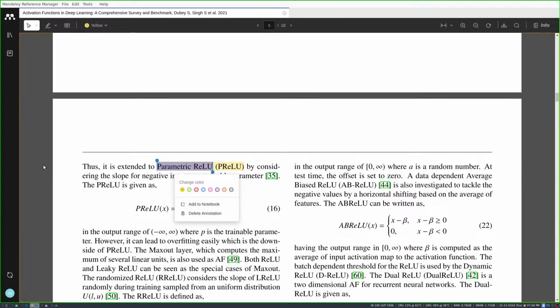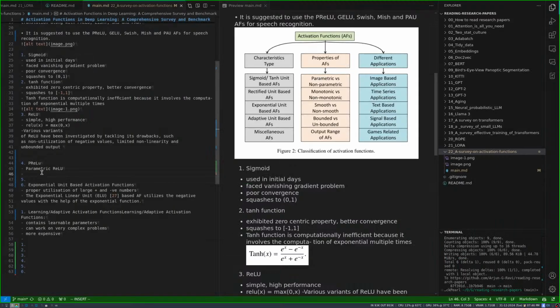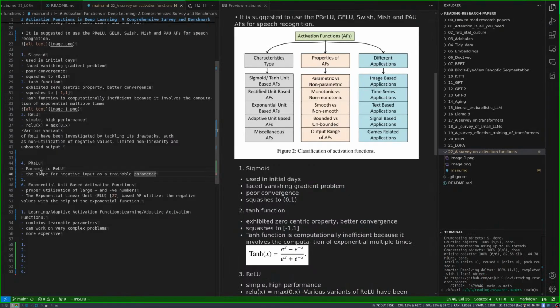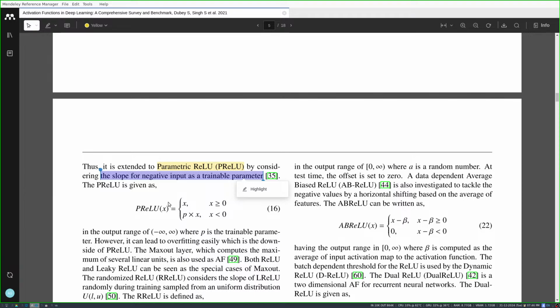Consider the slope for negative input as a trainable parameter. Oh, okay, that's cool.